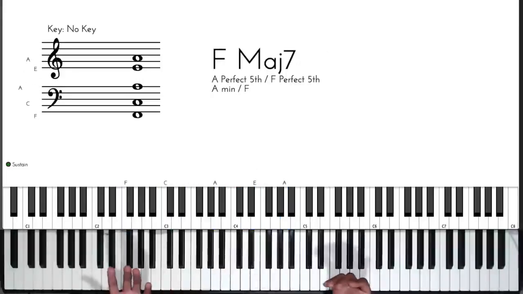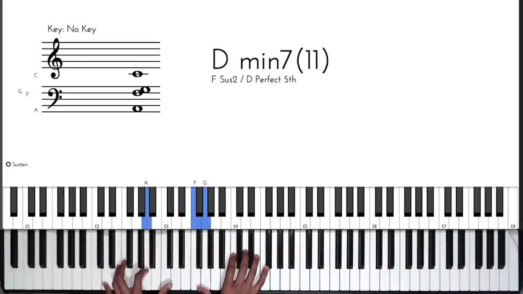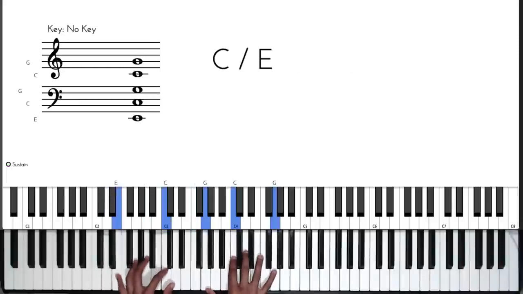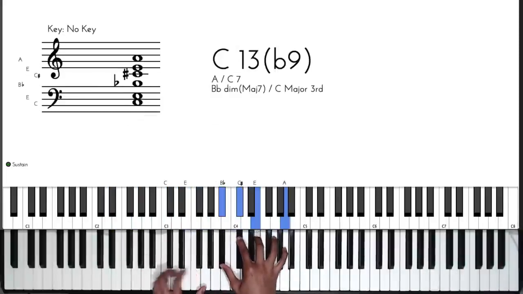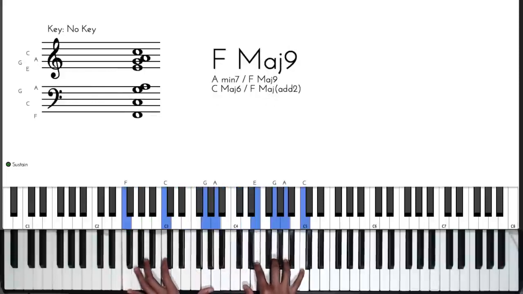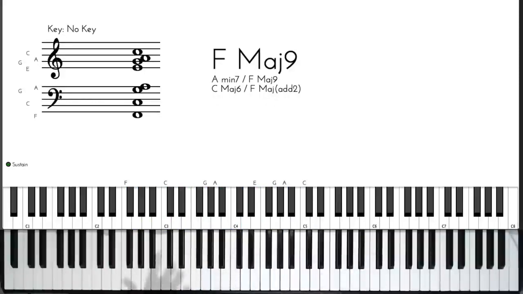So within the context of the song, right, we're playing Jesus at the center of it all. It's a different way of approaching that same 4 chord that we're used to, but it's a way to get creative. And there's a bunch of different stuff we can also do, right?